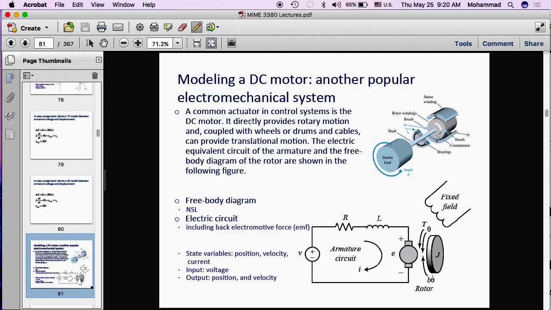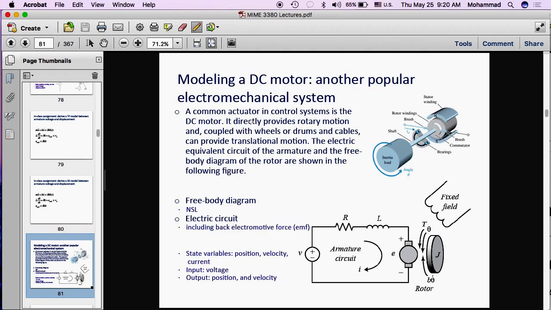So we are going to write an equation for the electric part. We are going to write an equation for the mechanical part, because whenever you have a motor, it's going to move something. There is a load, a mechanical inertia element attached to it. So we are going to include that. We are going to include friction in that. So we are going to write Newton's second law in rotational form.